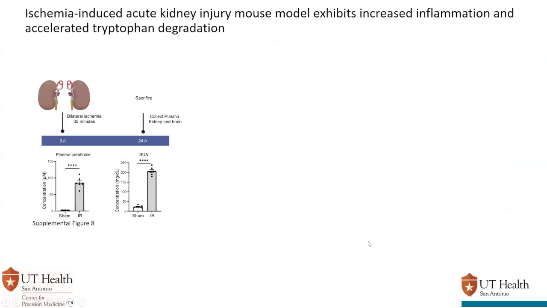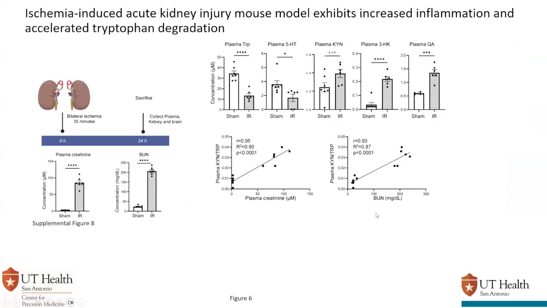In order to confirm that our results are not only part of the kidney failure mouse model that we used, we also tested the same pathway in a severe ischemia mouse model of 35 minutes ischemia, sacrificed after 24 hours. You can see with plasma creatinine and BUN level how severe the acute kidney injury is.